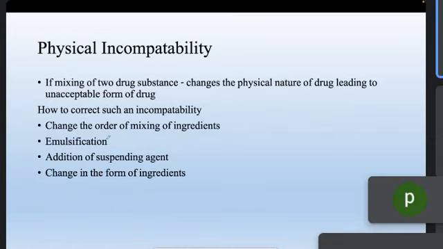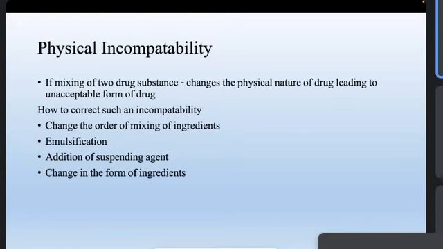So how to correct such incompatibility? Change the order of mixing. For example, we know each of them has a different pH, right? So according to their pH, we can change it. Then in emulsification, if you require an emulsification agent, it helps in the solubility. Addition of a suspending agent, for example, sodium chloride, so that a particular crystal is getting solubilized; then sodium chloride will act as a suspending agent.